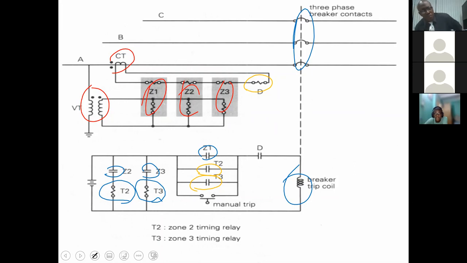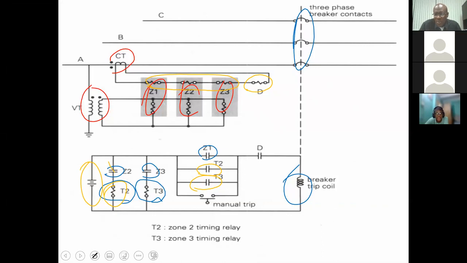You with me? So you always have a station battery and you'll always see a DC source there. When these instantaneous contacts close, they have turned this timer on. So you may not want to consider it as just a single circuit.